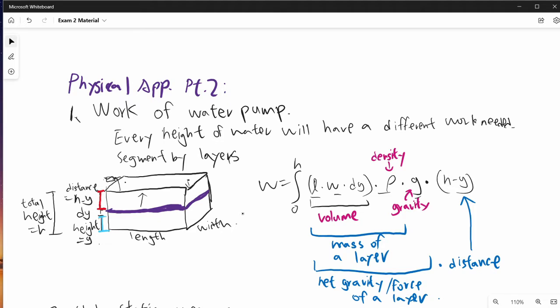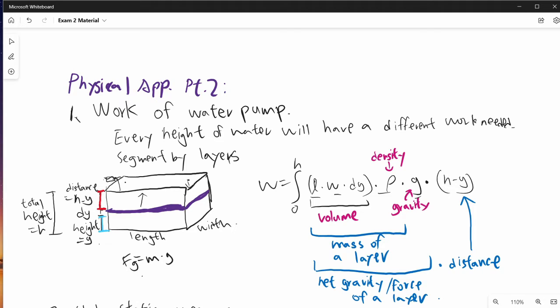From that, I will slice this into very thin layers. I'm going to call the height of each layer dy. It's really small, just like a paper-thin layer. And for that, I'm going to calculate the force on that layer. The gravitational force is calculated by mass times the gravitational constant.